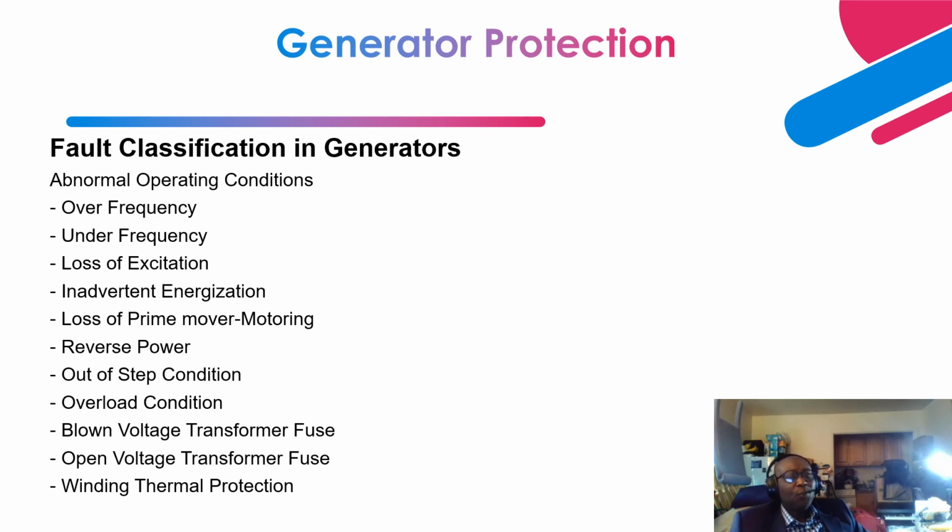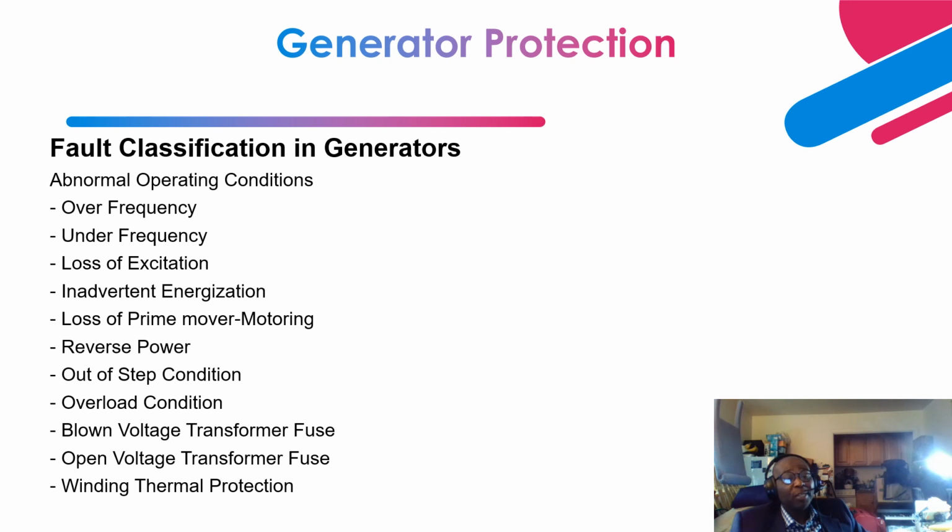So if you have, let's say, an operator that goes into the switchyard and inadvertently closes the generator breaker, what is going to happen? The generator is going to be energized, and there's going to be a backflow of reverse power, right? And it's going to motorize the generator. So for inadvertent energization, anytime there's an outage, be it minor or major, this relay is energized to protect the generator from accidental energization.